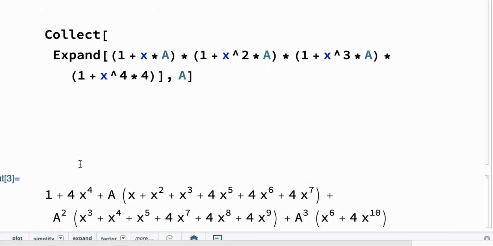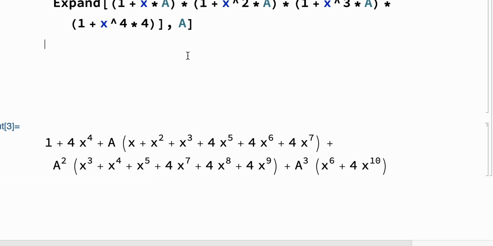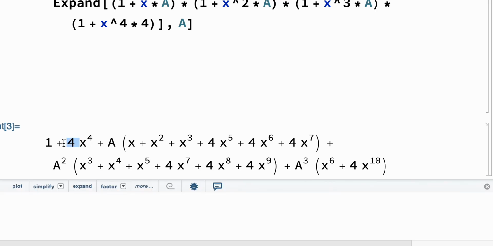Suppose the first term, what is my alpha nm? Can you write it now? So alpha nm here, with power 0 of a and x, the component is actually 1. If m is 0, that means a to the power 0 and x to the power 4, then alpha 4 0, the component, is actually 4.